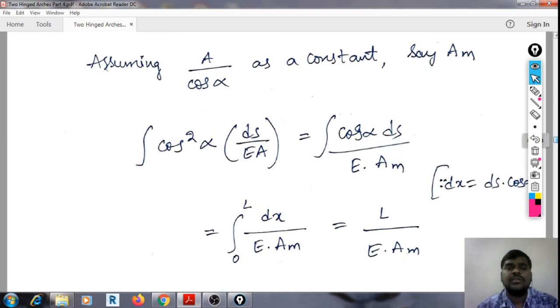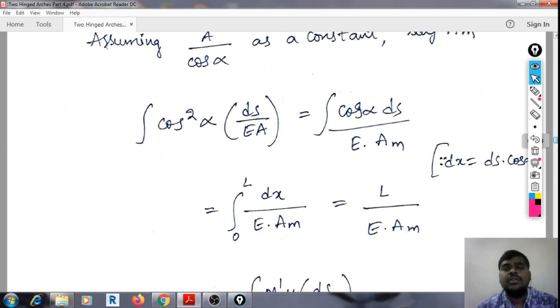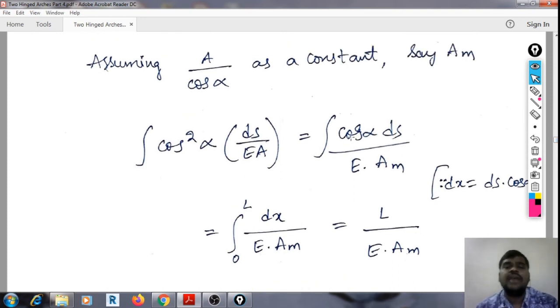And integral cos square alpha ds by A we can write as integral cos alpha ds by E into Am. That means cos square alpha is written as cos alpha into cos alpha, and A by cos alpha can be written as Am. So cos square alpha ds by A becomes cos alpha ds by E into Am.